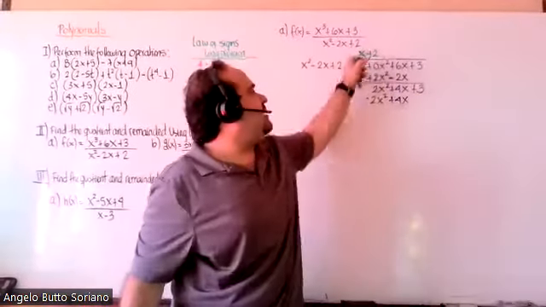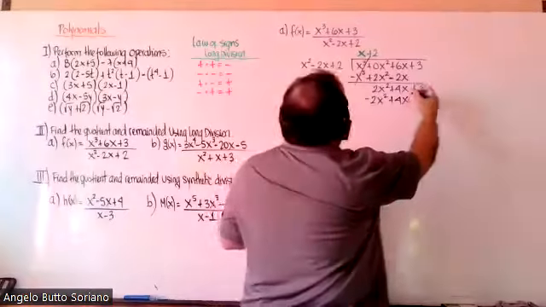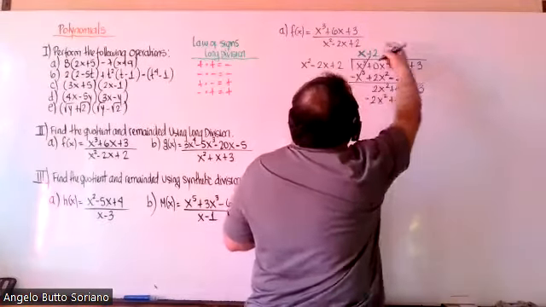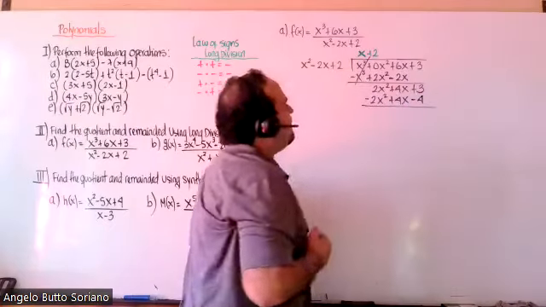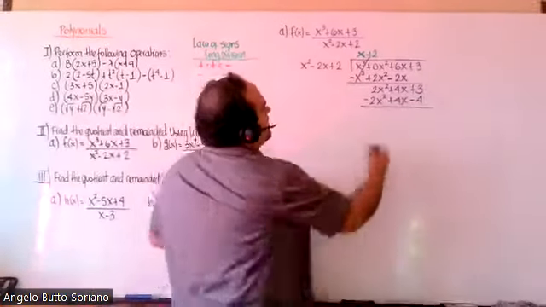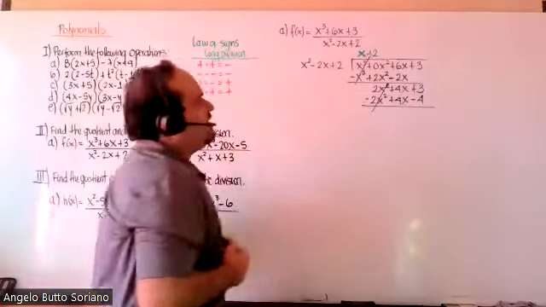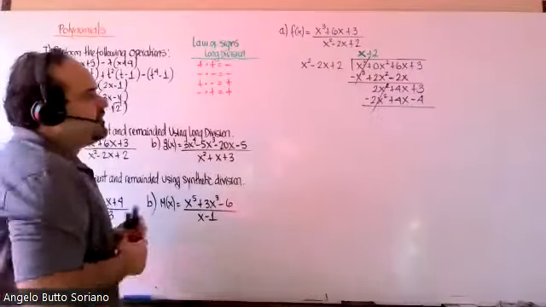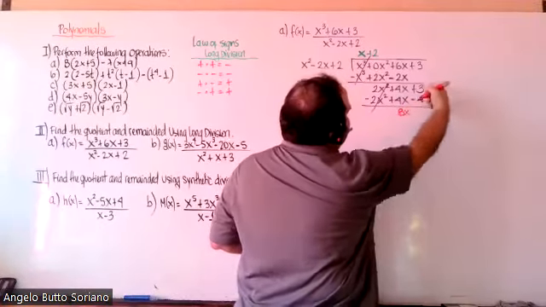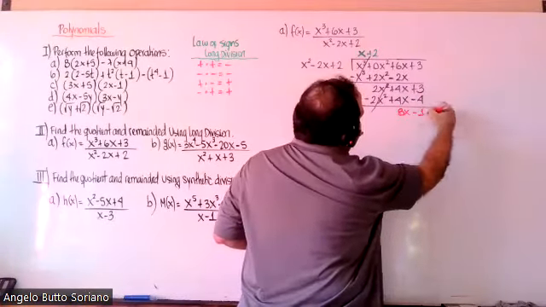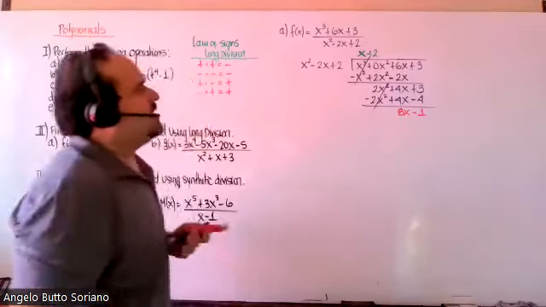And finally, positive times positive is positive, but it's going to be negative. Negative what? 2 times 2 will be 4. And what will be the answer? Simple. 2 minus 2 will be canceled. 4 plus 4 will be 8x. Okay. And finally, 3 minus 4 will be negative 1.